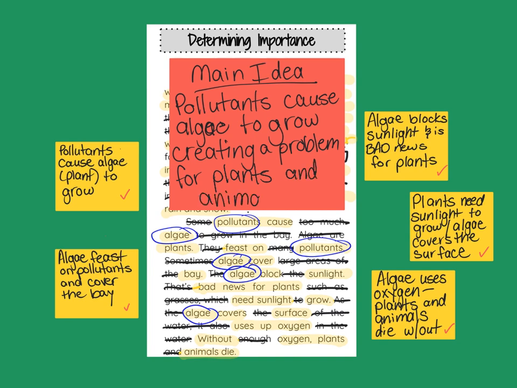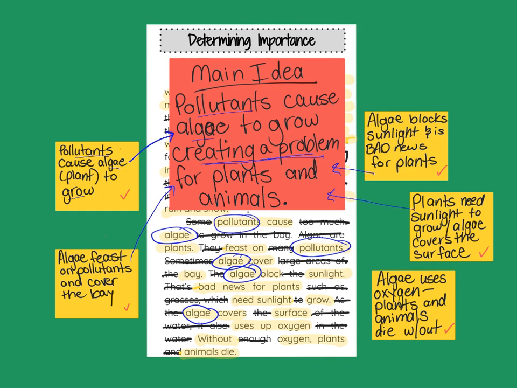And I know my main idea fits because if I go back and I check every detail, does this detail support my main idea? Pollutants cause algae to grow. Okay, there we go. Pollutants, algae feasts on the pollutants. That feasting is creating a problem. Algae blocks sunlight. That's creating a problem.